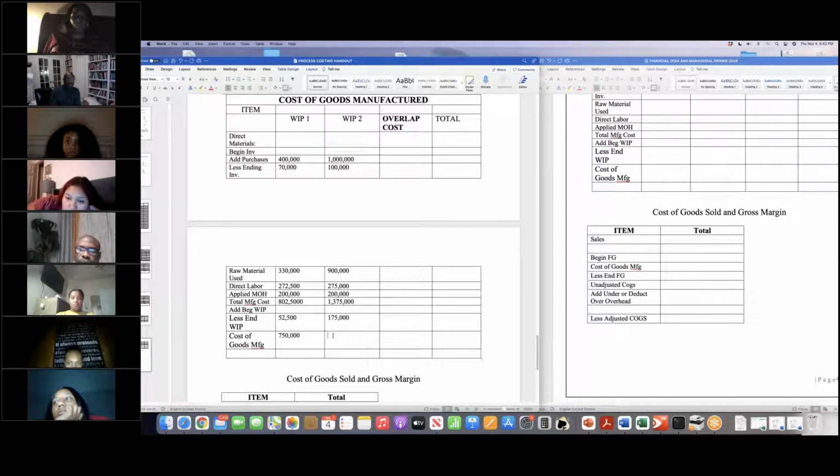And so the cost of goods manufactured is 1,200,000. Okay. So what then is our total cost of goods manufactured? If we add 400 and $1 million, we get what? 1,400,000, correct?